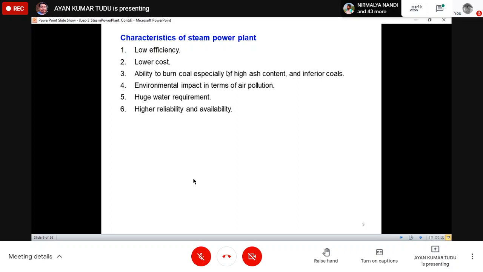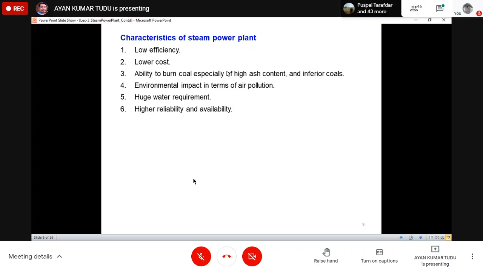That's why a huge water requirement is a must for a steam power plant, and it should have higher reliability and availability. Availability means that the power from a steam power plant should be available at all times, and it should be of high reliability.